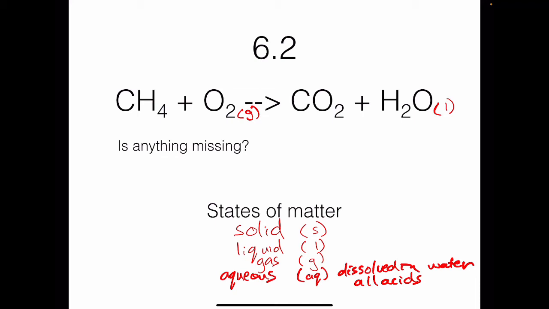And CO2, depending on what temperature we're at, if we're at room temperature, we know we have to be talking about gaseous CO2. So depending on the conditions you're given, you will be told which state you're talking about. If it's a substance we haven't discussed, I do not expect you to know what state of matter you're talking about.